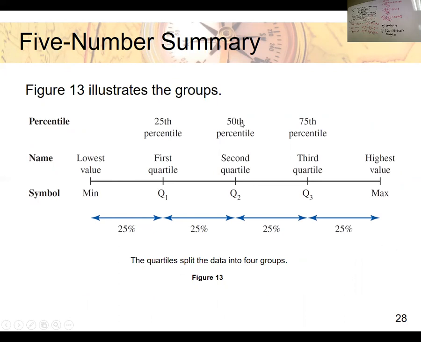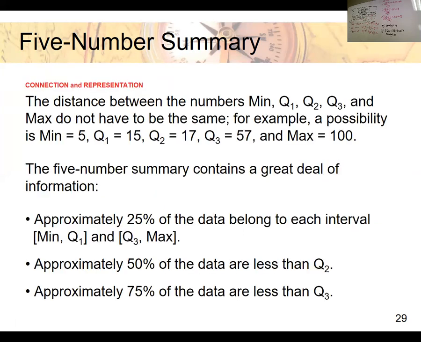So that's just an illustration of what that 5-number summary looks like if you were to place this on a number line, showing the distance between the numbers min, Q1, Q2, Q3, and max. And by the way, that's how they label Q1, Q2, and Q3 as quartiles. Q1 is the first quartile, Q2 is the second quartile, and Q3 is the third quartile.